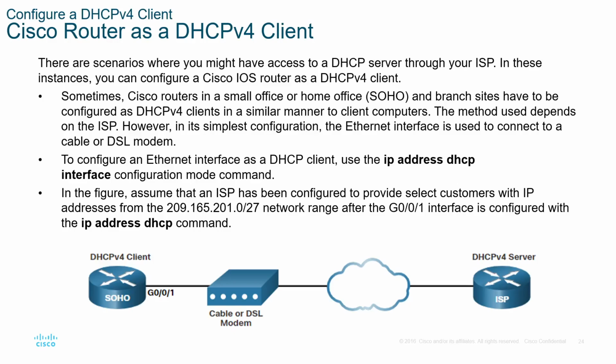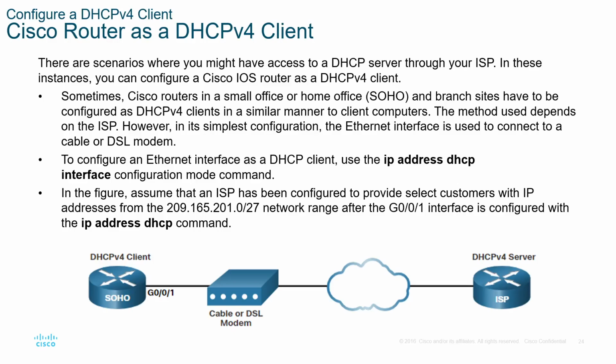Now, in order to do that, we just need to go to the specific interface that we want to obtain an IPv4 address on, and we need to type in the command ip address dhcp. The image that we have here is a very similar topology to what we actually have in our house.